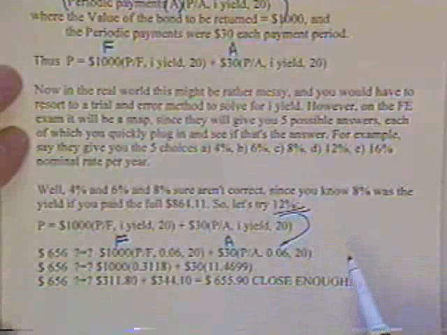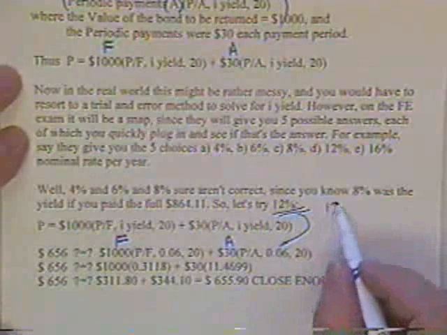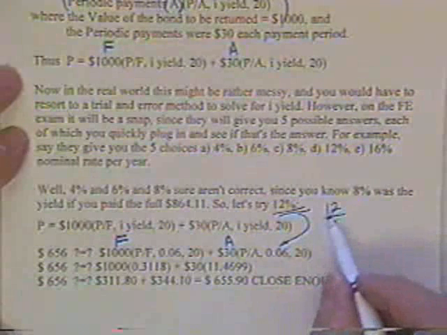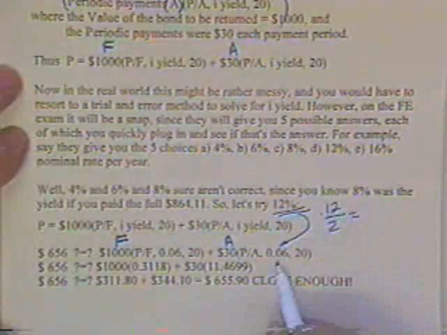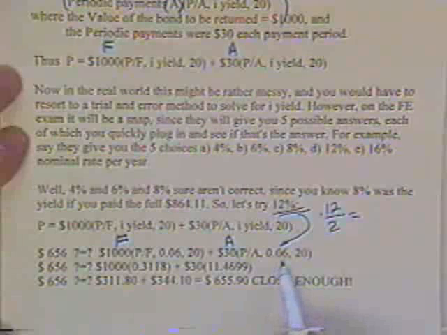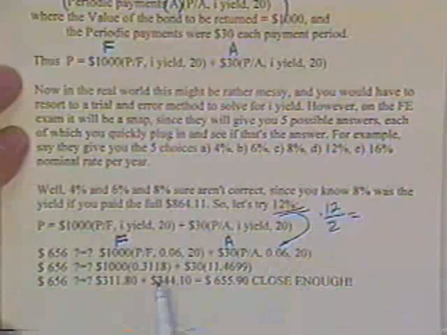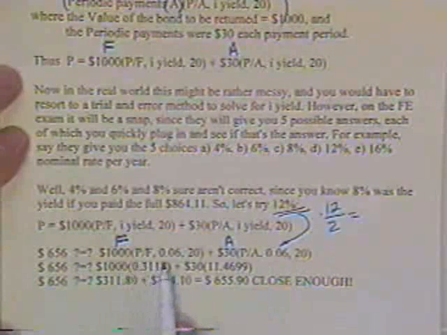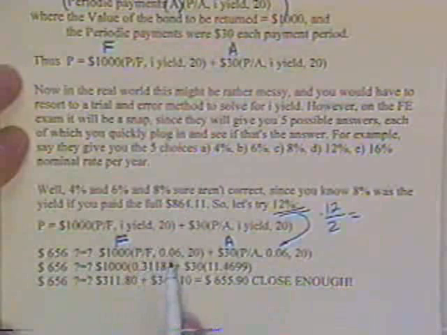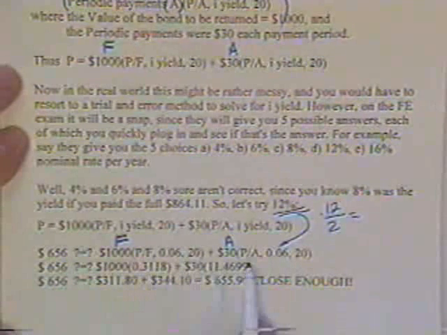But that's 12% per year, and therefore it's 12% divided by 2, and that's 6% per payment period. So I got to put the per payment period in here, because you'll notice there are 20 payment periods. Alright, so you go look up the P over F column, the 6% table, 20 payments, you get 0.3118.